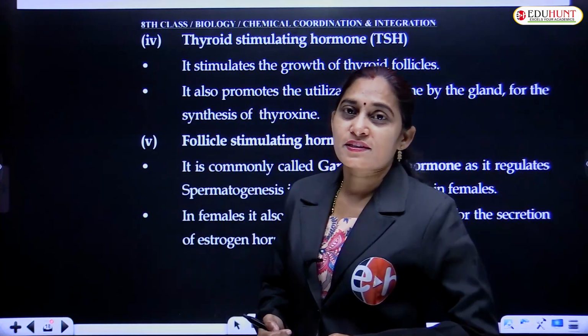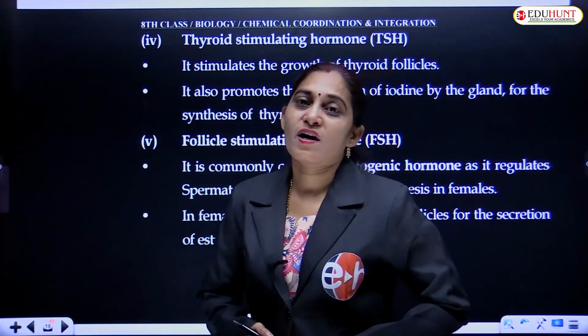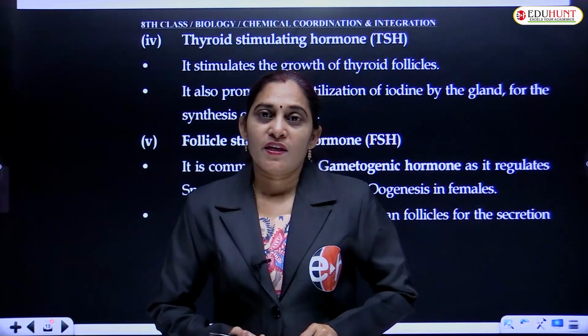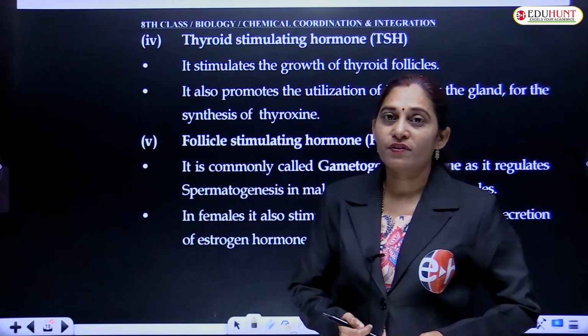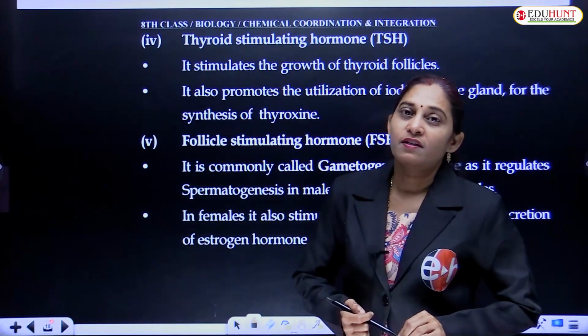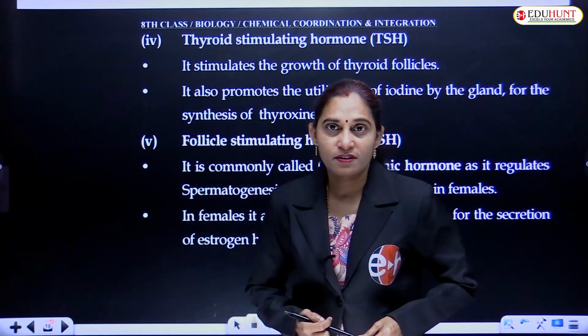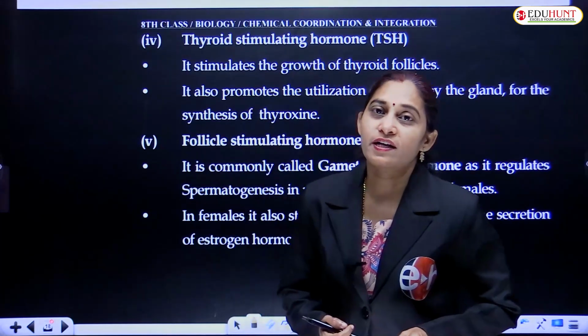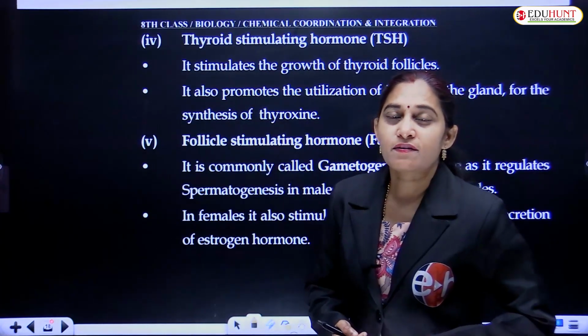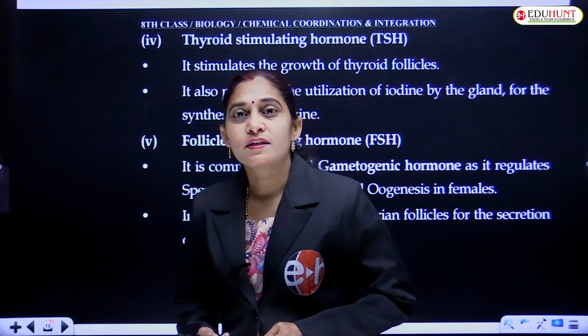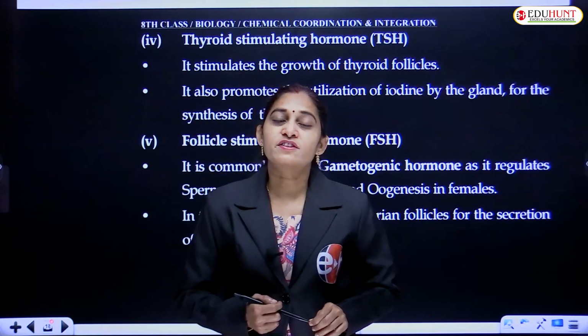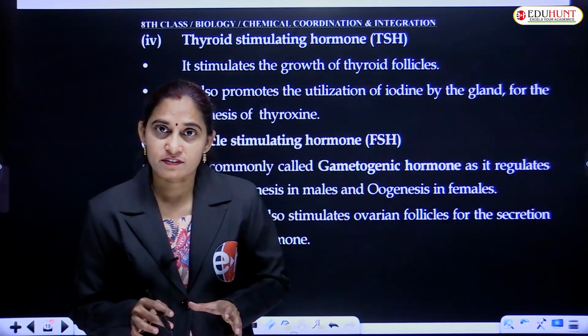We have been discussing chemical coordination. Chemical coordination refers to the chemical substances that are released by the endocrine glands. They are transported through the bloodstream and reach the target organ.